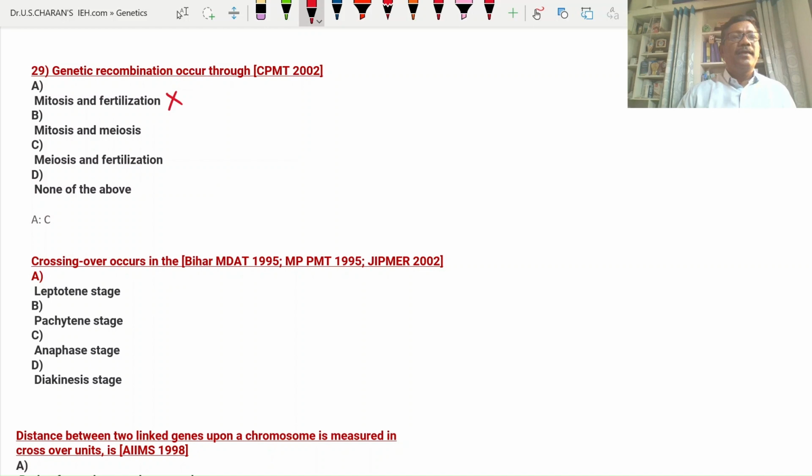No. Mitosis and meiosis? Both cannot. Meiosis and fertilization? Yes. This is the answer. At what substage of the prophase is crossing over actually taking place? The direct answer is the pachytene stage. Leptotene is for the structural arrangement, zygotene for the synapsis, and pachytene for the duplication of chromosomes and the crossing over.